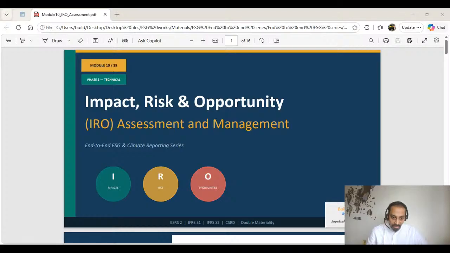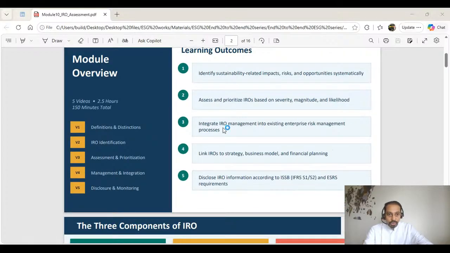We'll have a question and answer session. We will start right now and lay the conceptual foundation. The second slide is showing you the module overview.